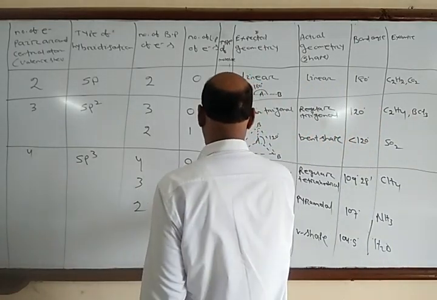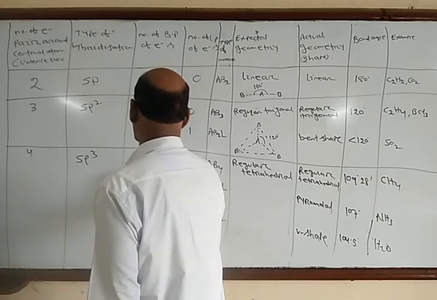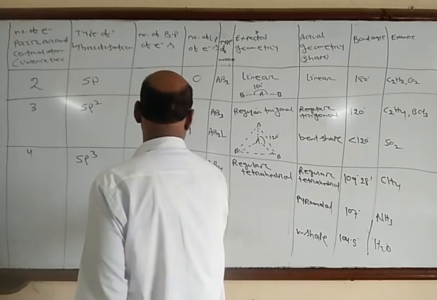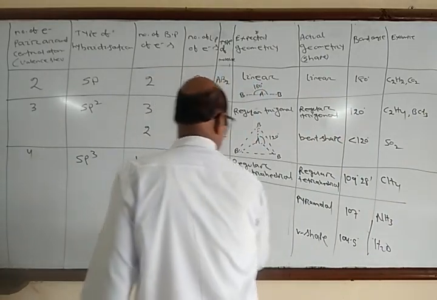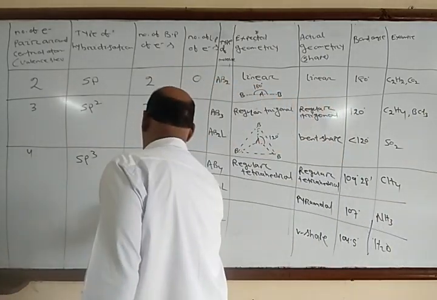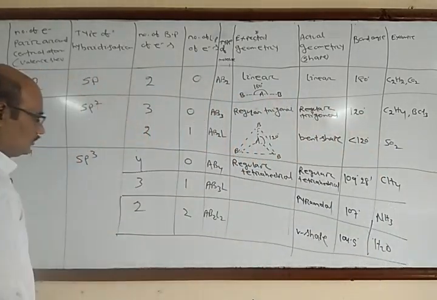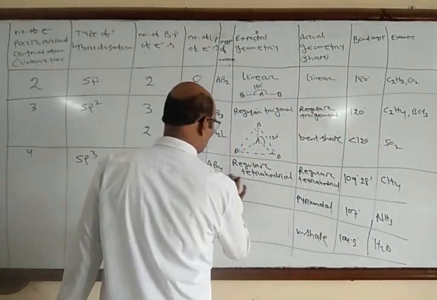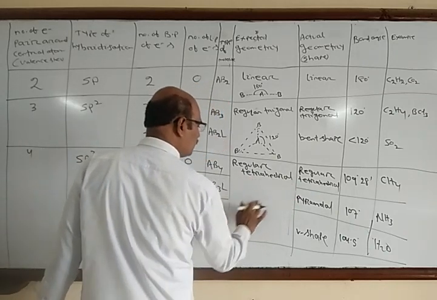So this is one AB4 type: 4, 0, 3, 1, and 2, 2. And here the geometry is regular tetrahedral for all the cases.